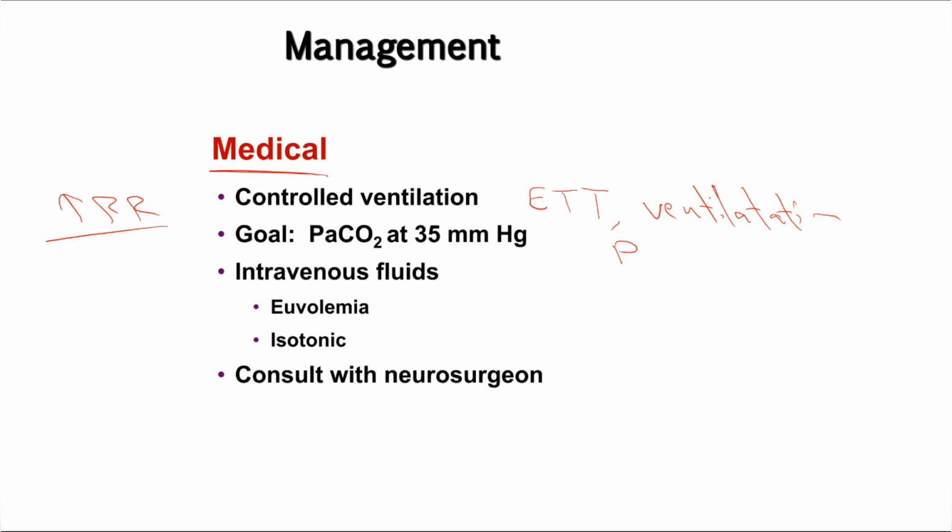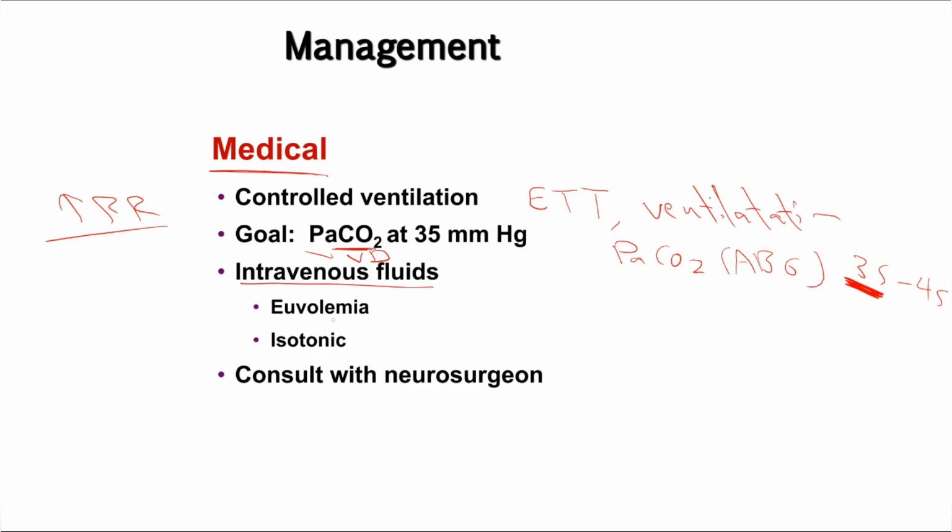The normal PaCO2, which is measured on ABG, should be between 35 to 45. So you have to keep it at a lower level because CO2 by itself is a vasodilator. It causes more bleeding. So you want to decrease the CO2 level.